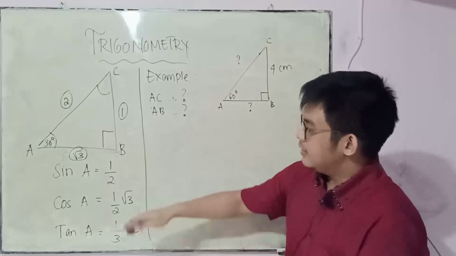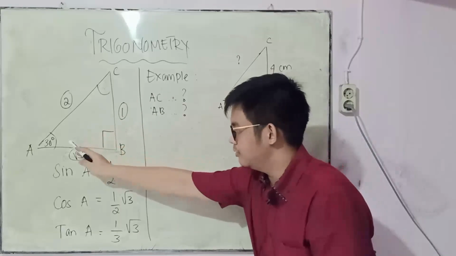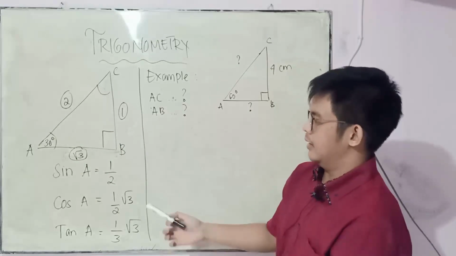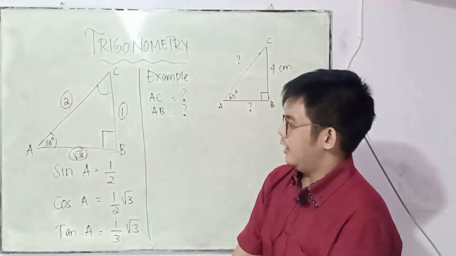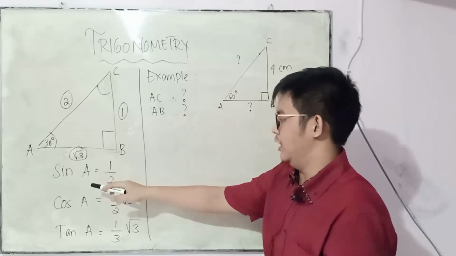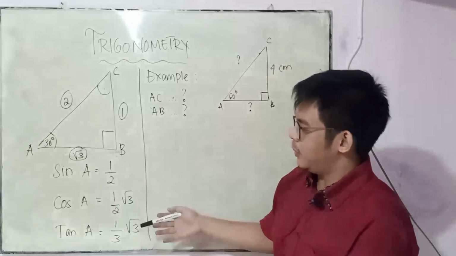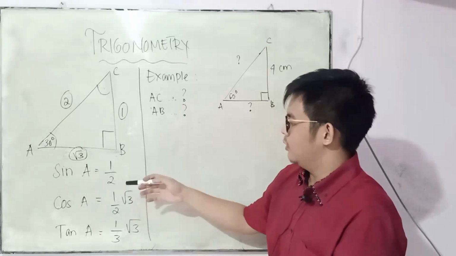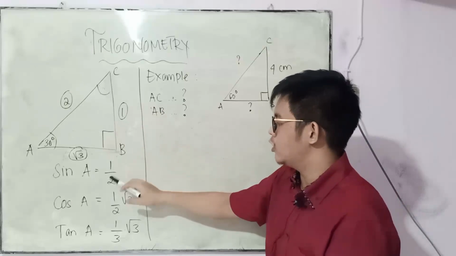As you can see, this is the right triangle with 30 degrees at angle A. And if we see the value of sine 30 degrees, it's going to be half. So what does it mean? It means that the ratio of the opposite side and the hypotenuse is going to be 1/2.